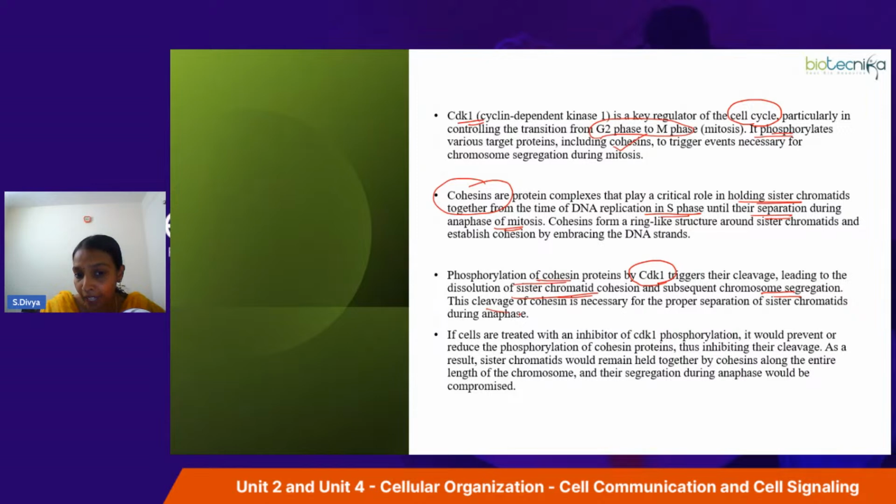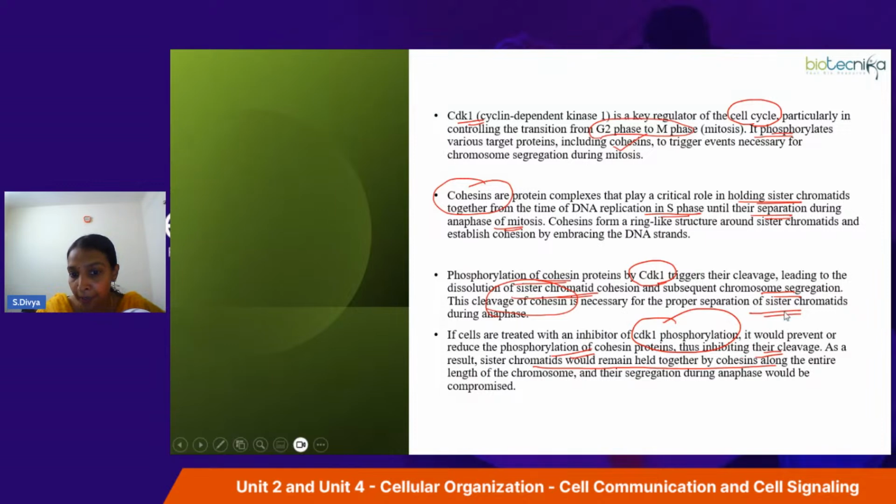This cleavage of sister chromatid cohesion is necessary so that the chromatids will be separated. If cells are treated with an inhibitor of CDK1 phosphorylation, then the phosphorylation will be prevented and cleavage will be inhibited. So sister chromatids will remain attached together by cohesins along the entire length. That is the answer.